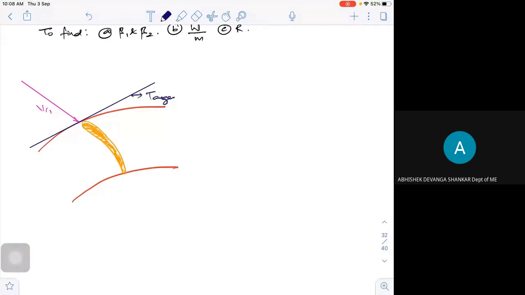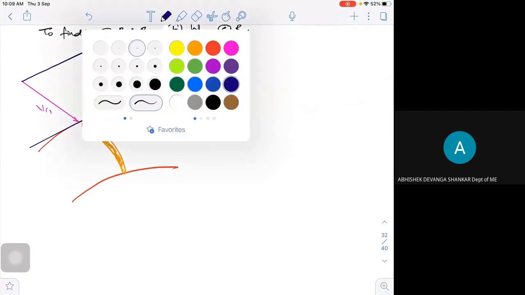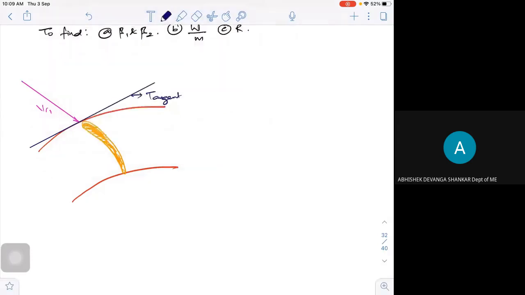So always your U should be in the same direction as the blade motion. That means this is my U component. This being at the inlet, I am going to call it U1.